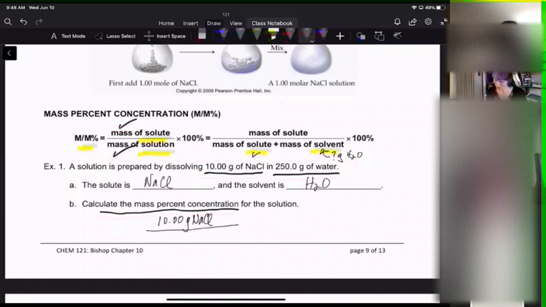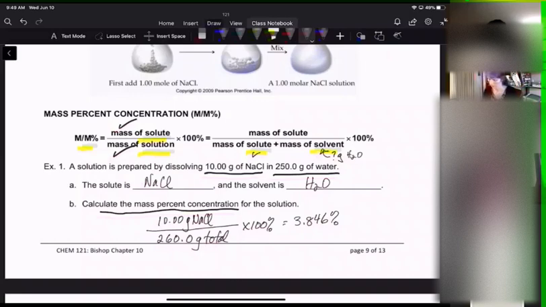We need the solute plus the solvent. So this is going to be 260.0 grams total. And that's still named after the solute.